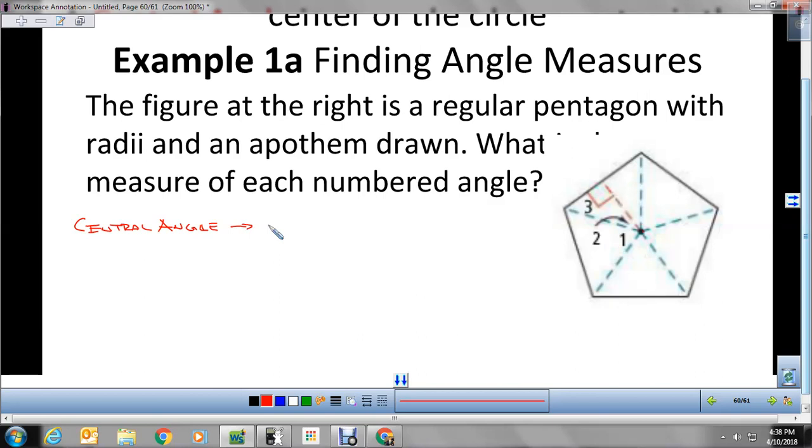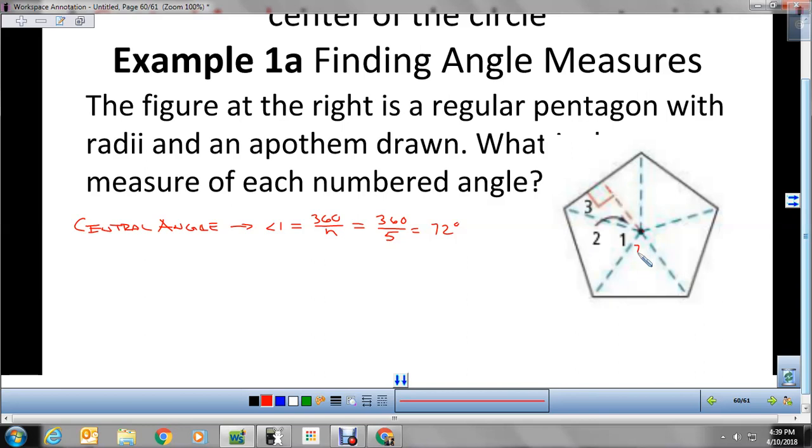To find our central angle, we're going to take 360 degrees, as we talked about in a circle, the distance all the way around, divided by the number of sides, n. In this case, a pentagon has 5 sides, so 360 divided by 5 is 72 degrees.